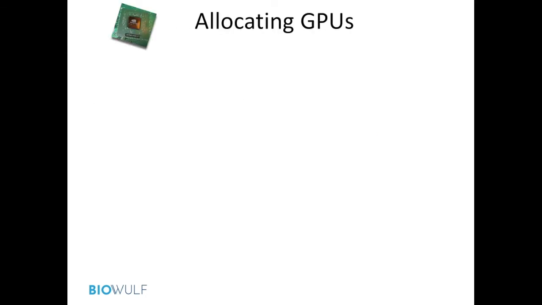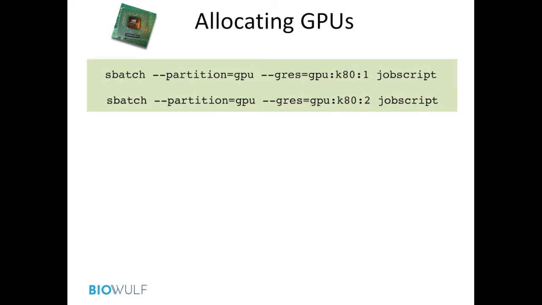To submit a batch job which will allocate GPUs, use 2 options to the sbatch command. The first is --partition, and this will always be set to GPU. The other is --gres. Gres stands for generic resource. There are 3 parts to this gres separated by colons. The first is the resource type, and this will always be GPU.